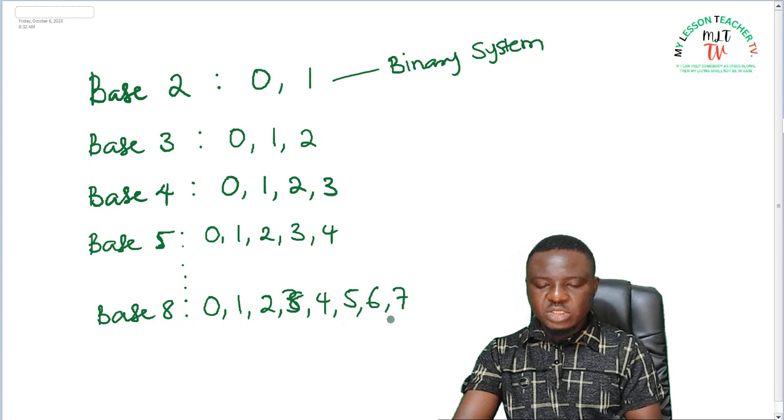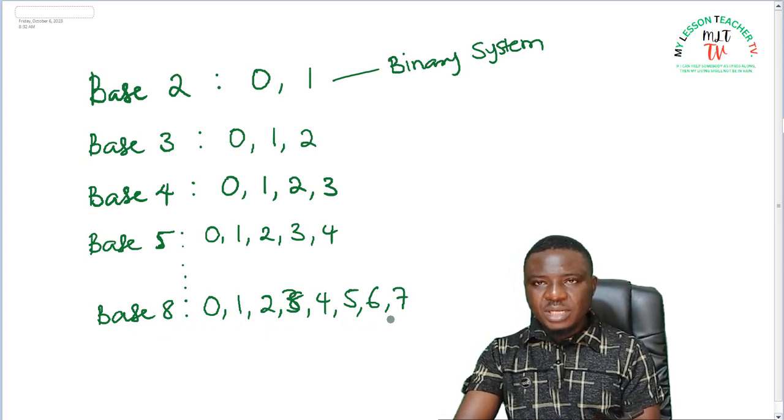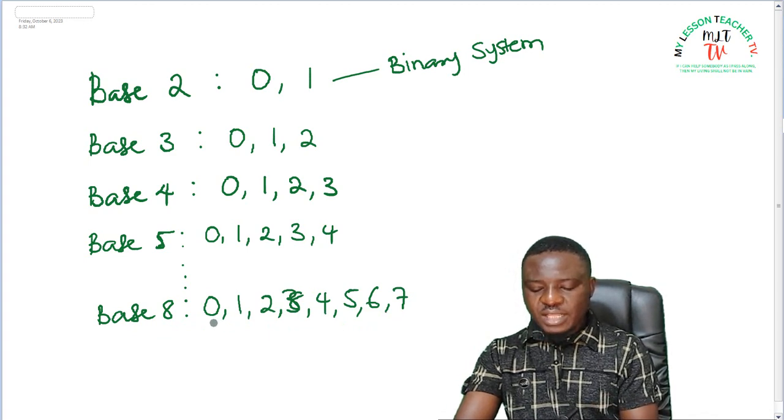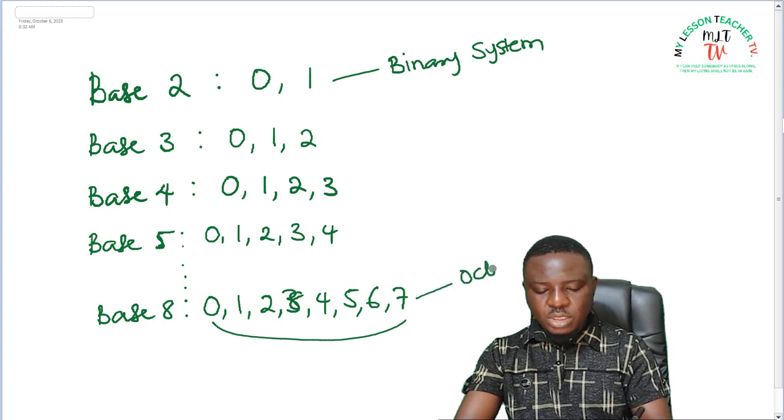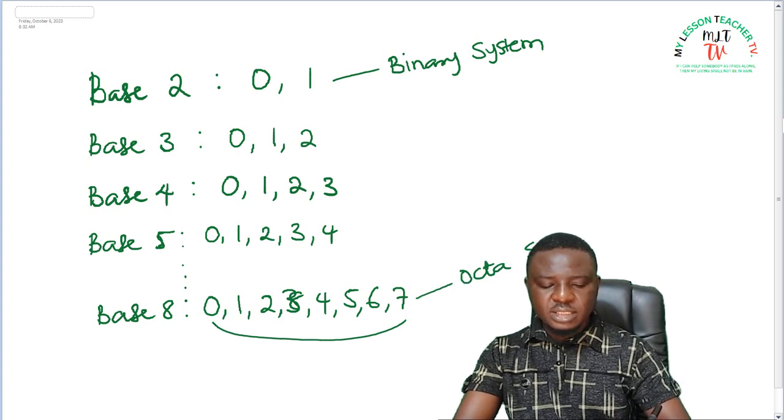These are the digits you will find under the base 8 system. If you are to determine if a figure is under base 8, then you must only find digits within this range. And the base 8 system is said to be the octal system.